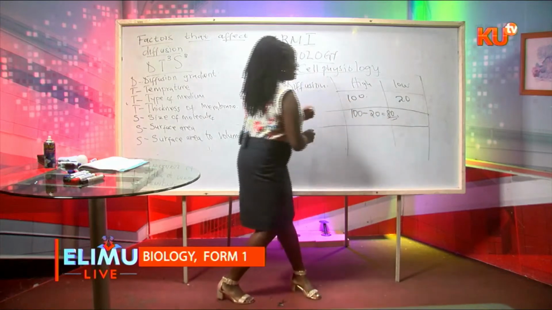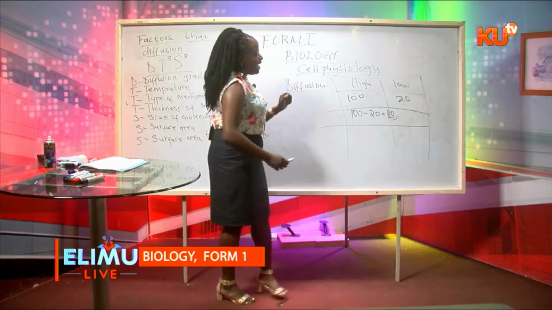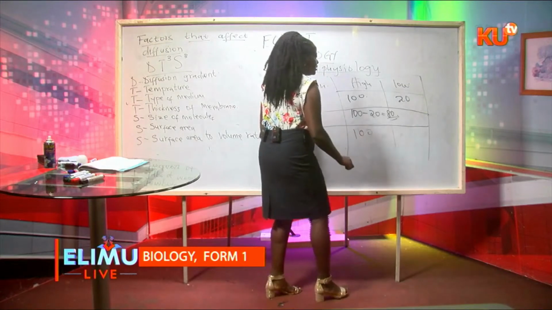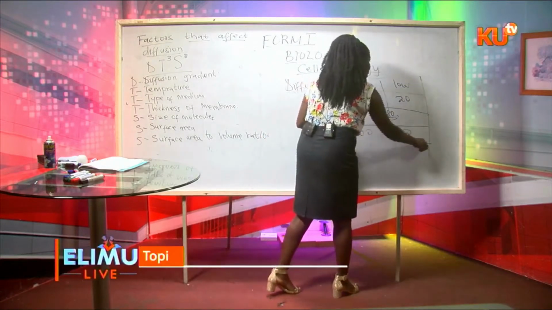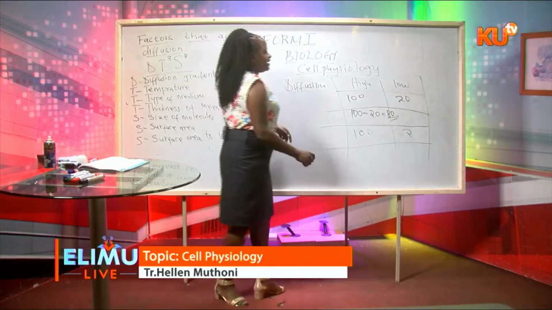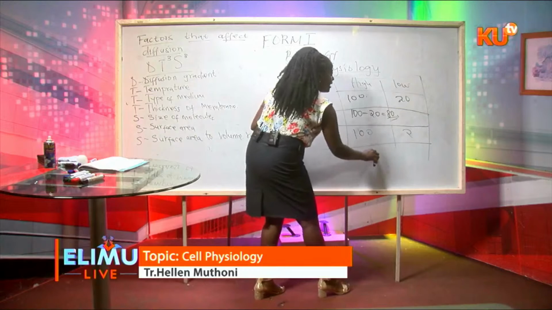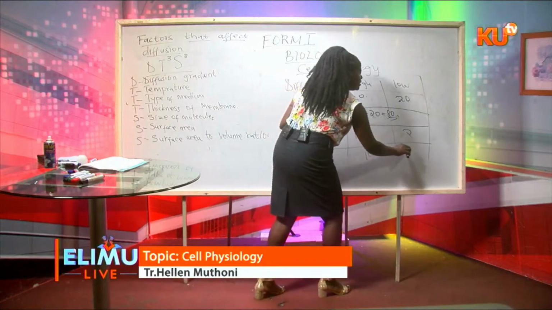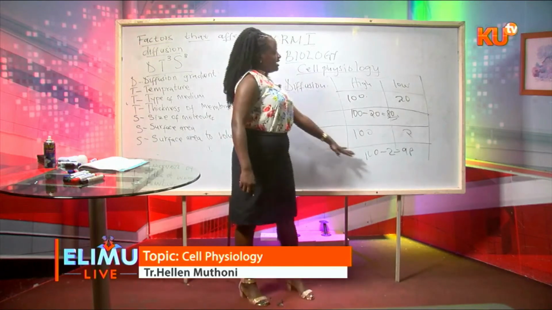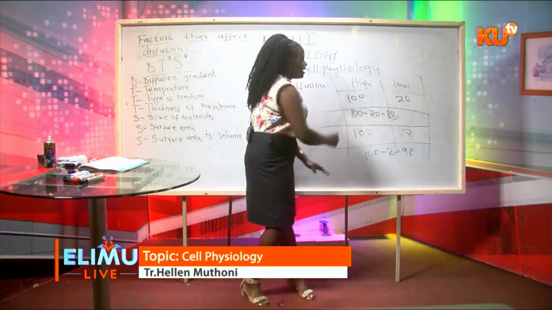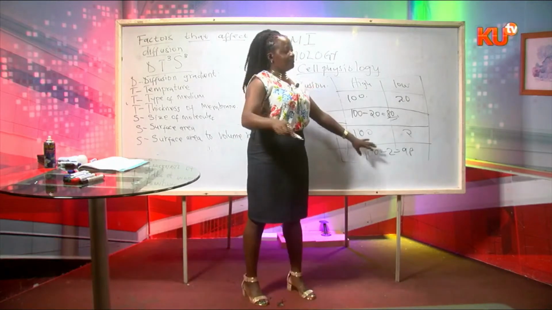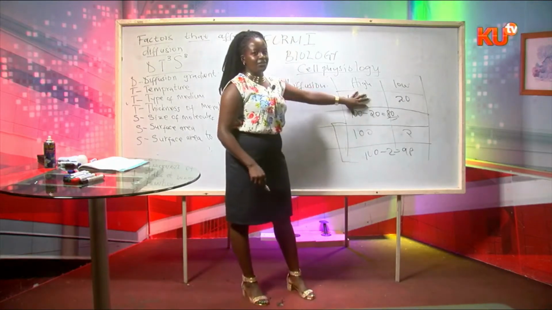Then we have another scenario where we have 100 in the region of high concentration and 2 in the region of low concentration. The diffusion gradient will be 100 minus 2, which is 98. So diffusion gradient in the second scenario will be greater than in the first scenario.